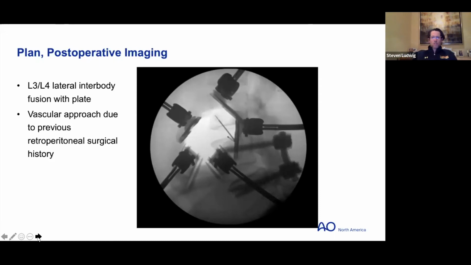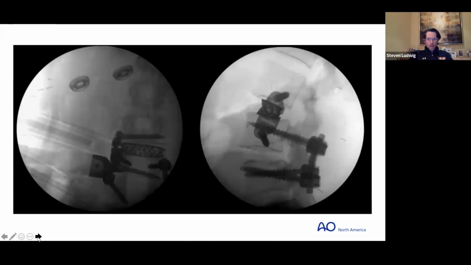I think when you show the final x-rays, Jack, you had done this for a low-grade spondylolisthesis with an L3 radiculopathy, you did a lateral-based approach in her, and to your last point, you added some form of mechanical fixation, which is important, right?